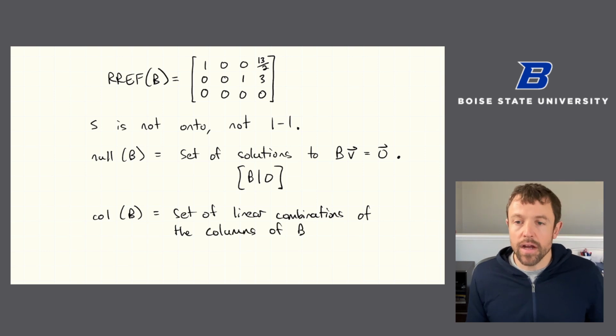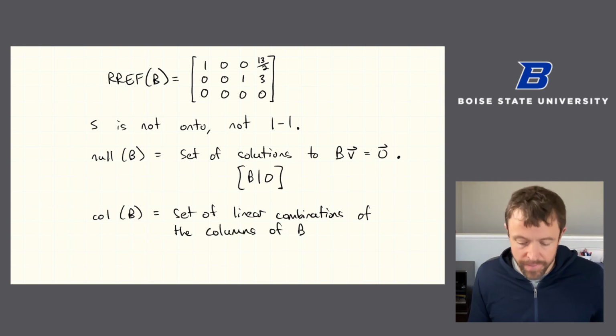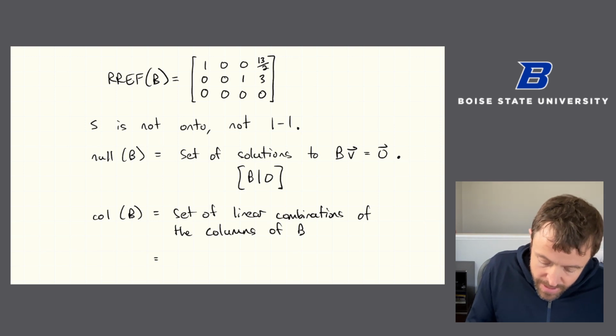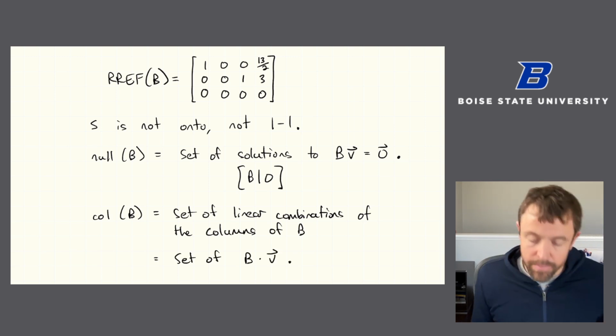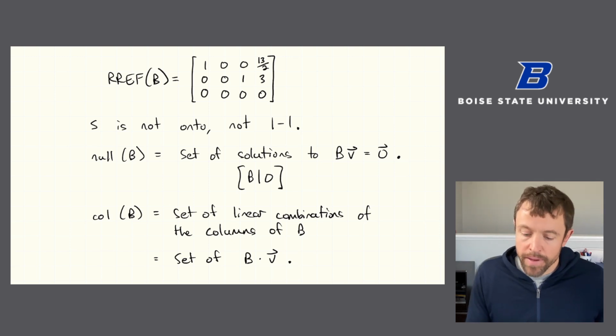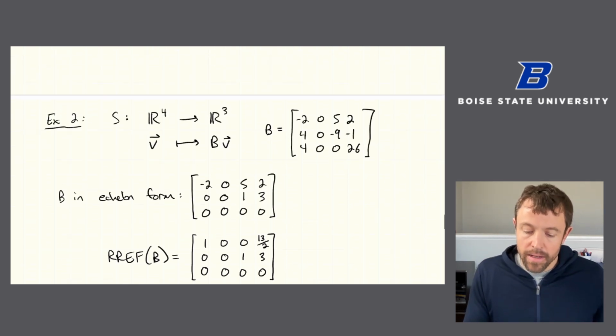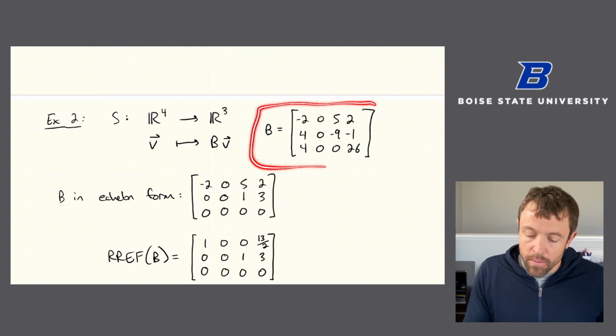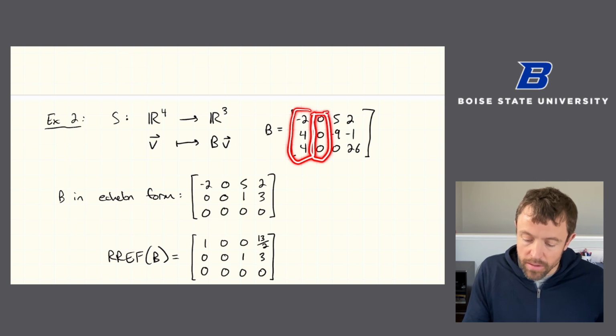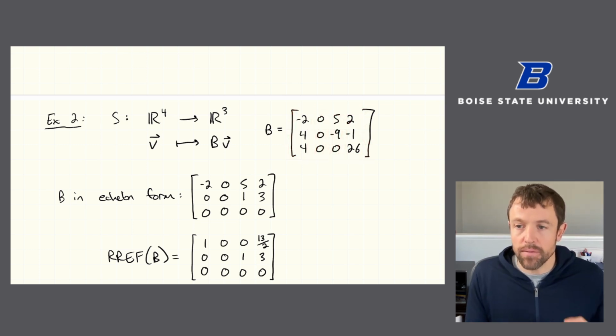It's the set of linear combinations of the columns of B, but this is the same as all possible things that you can get by multiplying B times some vector. Because when we multiply a matrix by a vector, what we're actually doing is taking linear combinations of the columns of the matrix. We're adding columns of the matrix together, and the coefficients that we place on them are based on the vector that we multiply by.